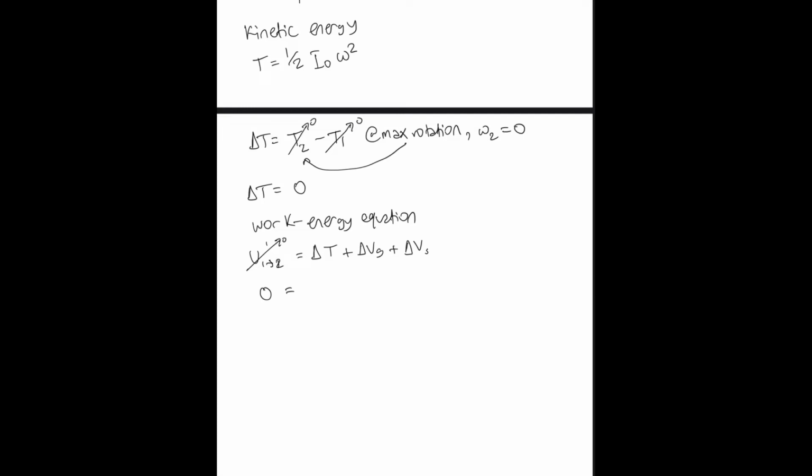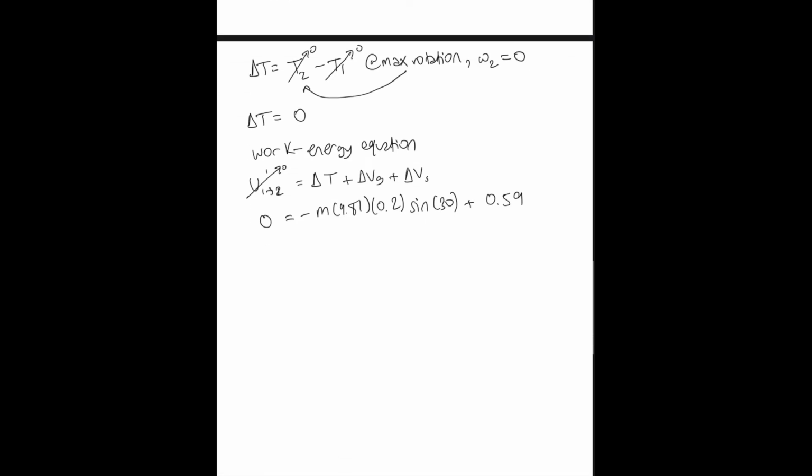If we plug all of that in, we get 0 is equal to minus m multiplied by 9.81, 0.2 sine 30, plus the potential energy of the spring, which is 0.59, to get a final answer of the mass, which is 1.2 kilograms.